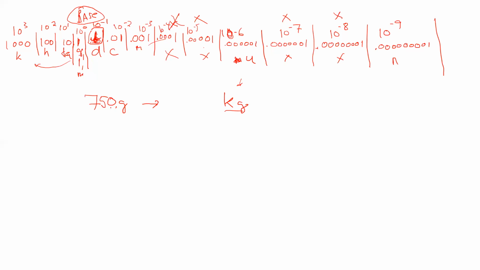So how many places are there between grams and kilograms? Let's count. 1, 2, 3. So we move the decimal point 3 places and we get 0.750 kilograms. Here you see 1, 2, 3 between grams and kilograms.